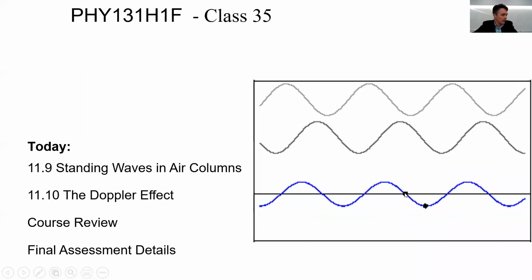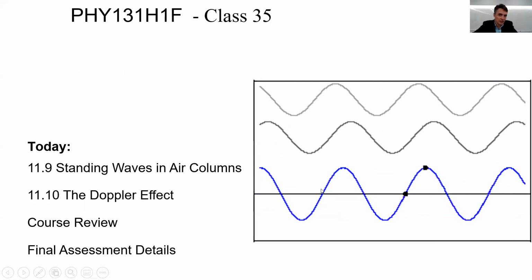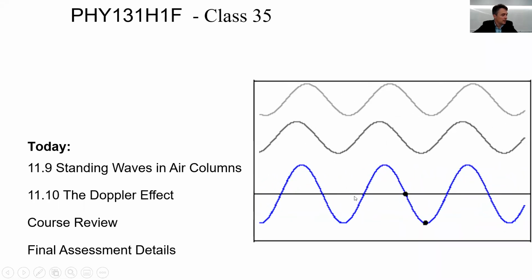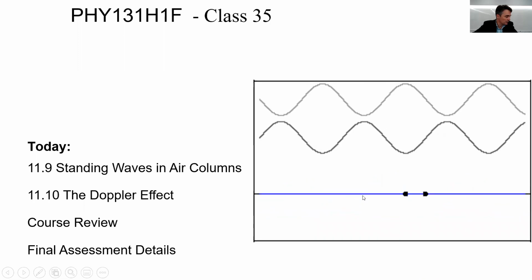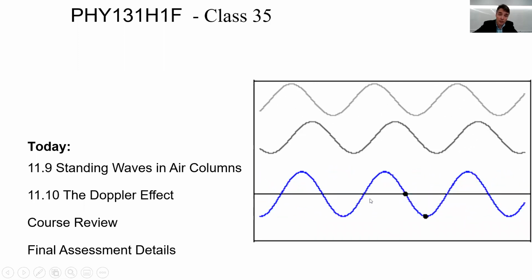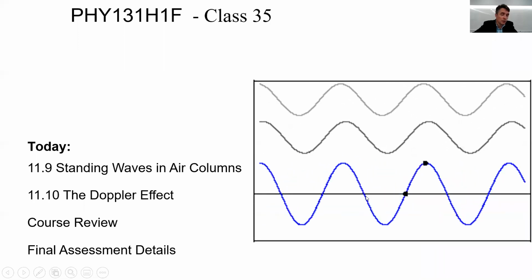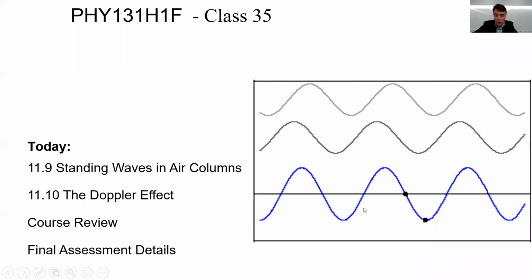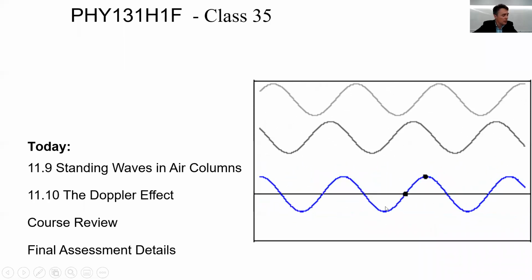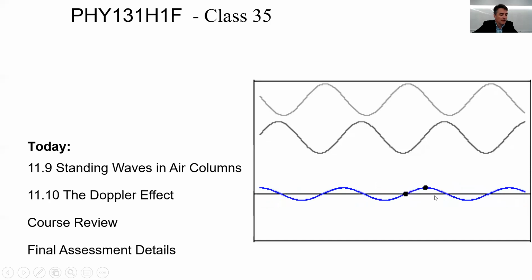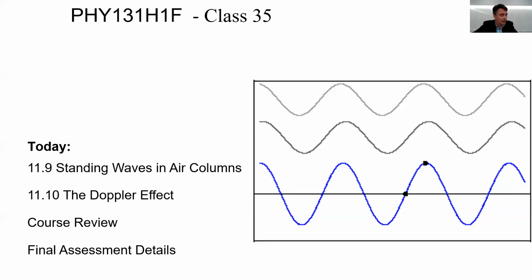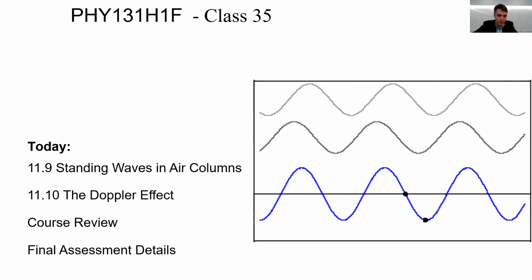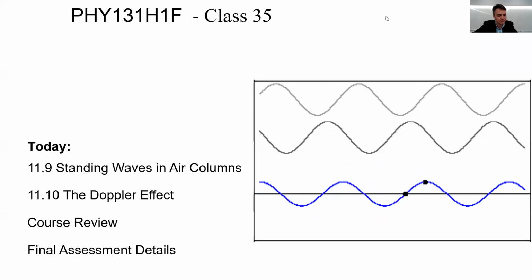So there's a node right here, there's a node here, those just stay stationary, but every other point oscillates with simple harmonic motion. The difference is that the amplitude is a little different from place to place. If you're quite close to a node, then the amplitude of the simple harmonic motion is quite low. If you're at an antinode, like this one is, then the amplitude there is quite high. It's the highest it is at any point on the standing wave.